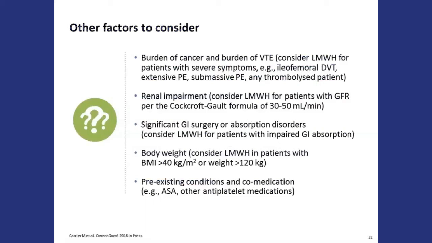Other factors we always like to consider, and we did talk a little bit about this in paragraph format within the paper that supports the algorithm that was recently published, is the burden of cancer, the burden of the clot itself. I alluded a little bit to how much the burden of cancer and clot may have varied from trial to trial. They're all active cancer patients, so none of them were non-active, but certainly some trials enrolled more active and more sick patients, and some trials had a bigger split of sicker and more symptomatic clots.